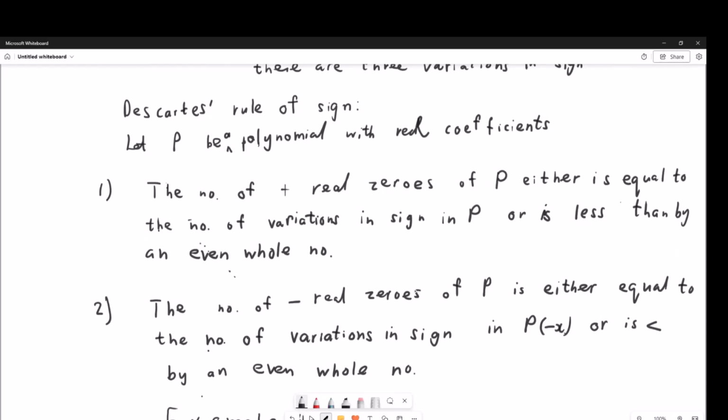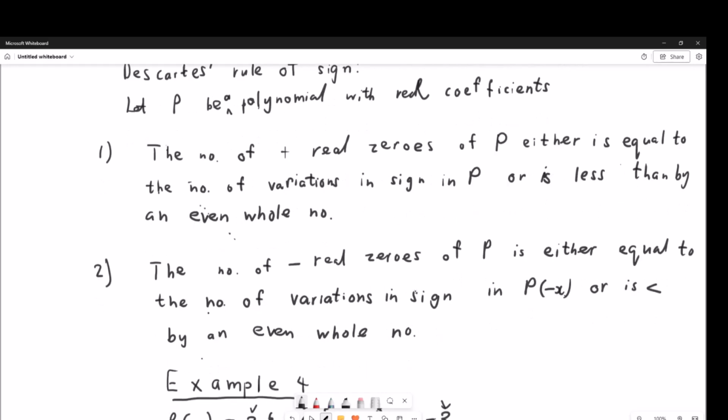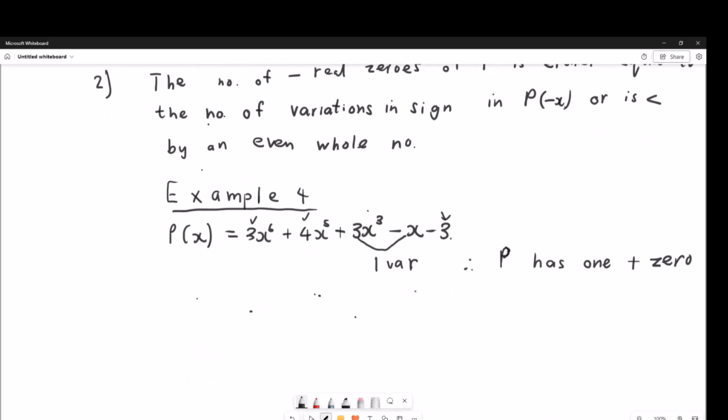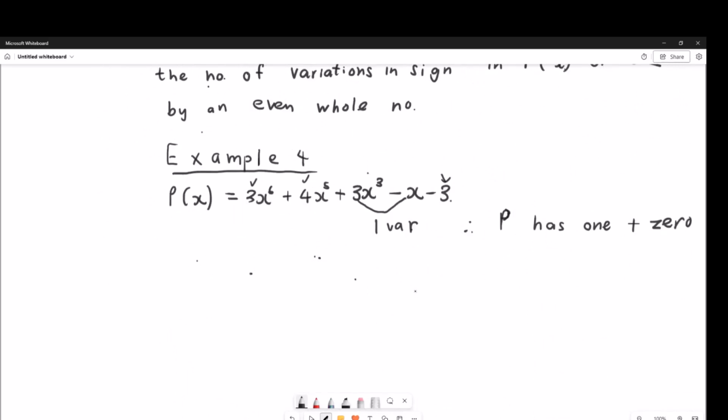The number of positive real zeros is either equal to the number of variations in sign, which we have 1, or is less than by an even whole number. The first even whole number is 2, and if you say it's less than by 2, you already have one positive real zero. So 1 minus 2 is -1, which doesn't make sense. So what we can say is that P has one positive zero.